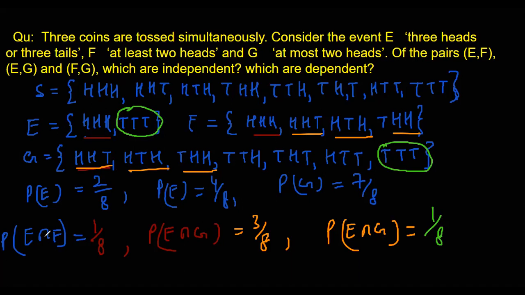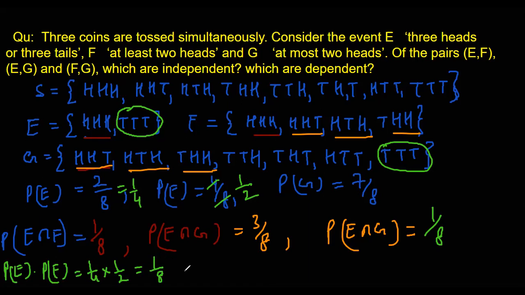If we see PE into PF, what do I get? PE was 2 by 8, which is 1 by 4. PF was 4 by 8, that is 1 by 2. So PE into PF is 1 by 4 into 1 by 2, that is 1 by 8.